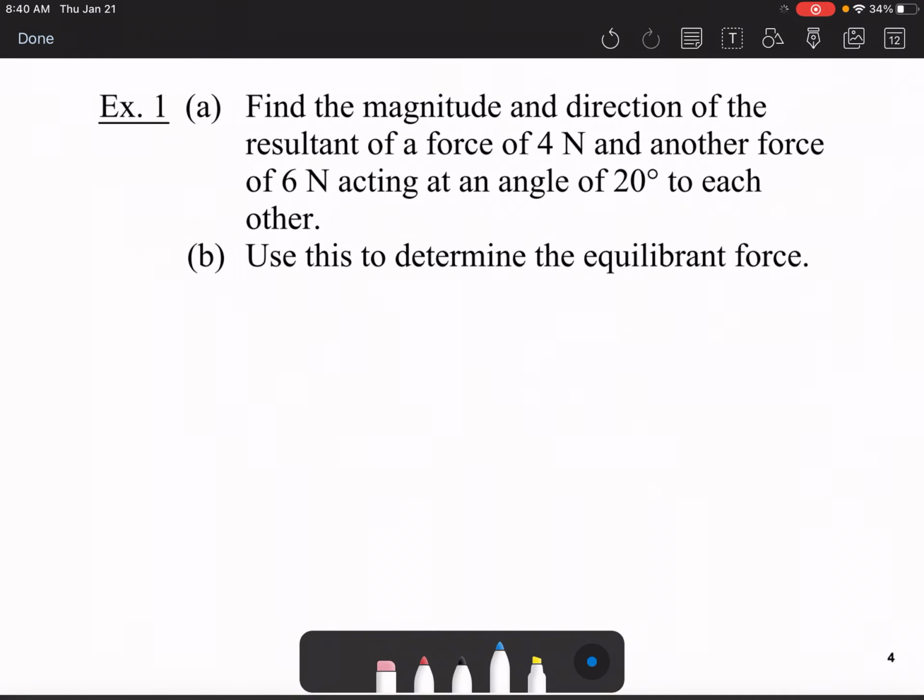For part A, find the magnitude and direction of a resultant force of 4 newtons and another force of 6 newtons acting at an angle of 20 degrees to each other. Okay, so we're going to draw an example of this. So this is going to be my 4 Newton force.